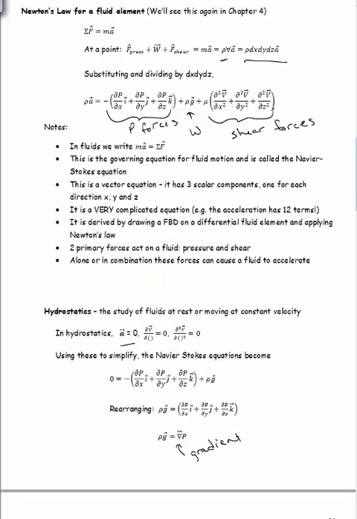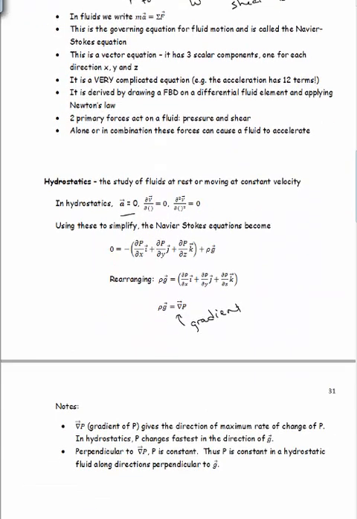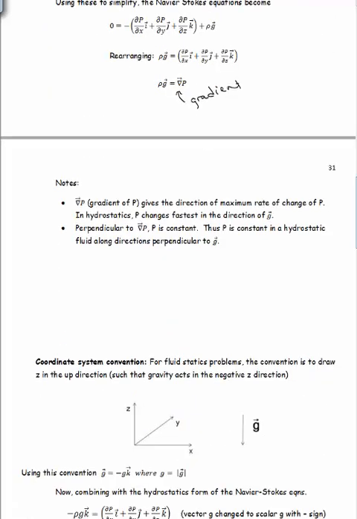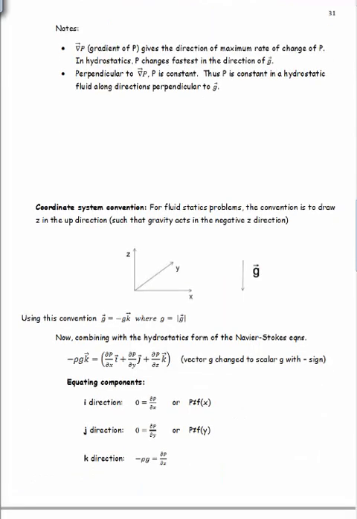You'll see those again in heat transfer, so we don't have to worry about them too much right now, except to have an idea of what that means. A gradient gives you the direction of maximum rate of change of pressure. So if you look at the equation, pressure is going to change fastest in the direction of g when we're talking about hydrostatics.